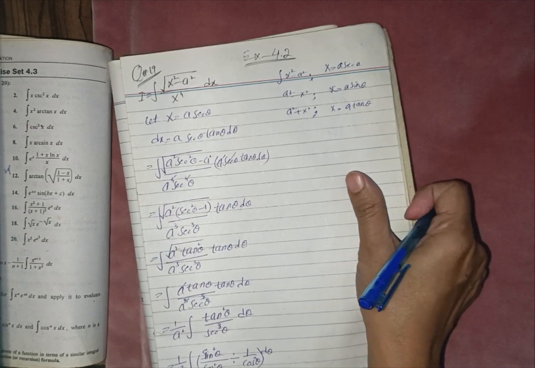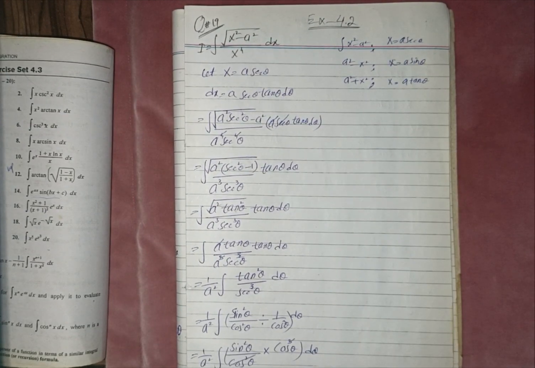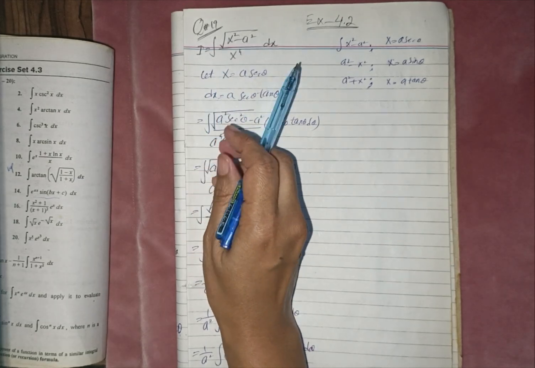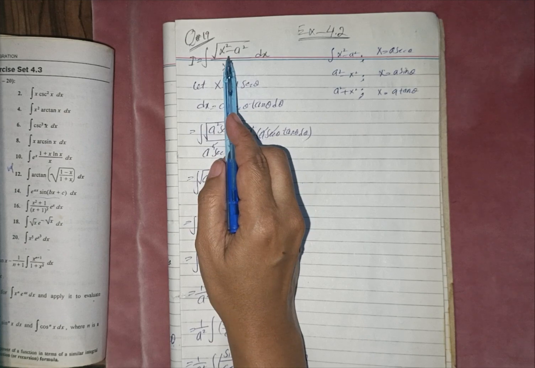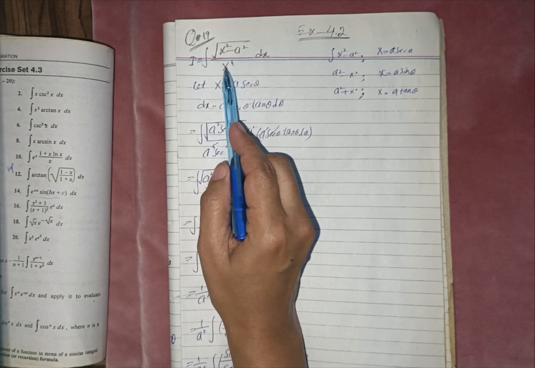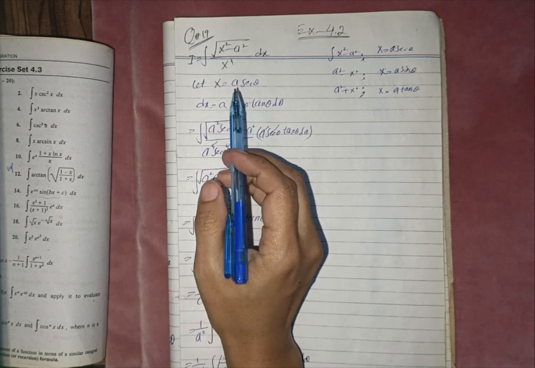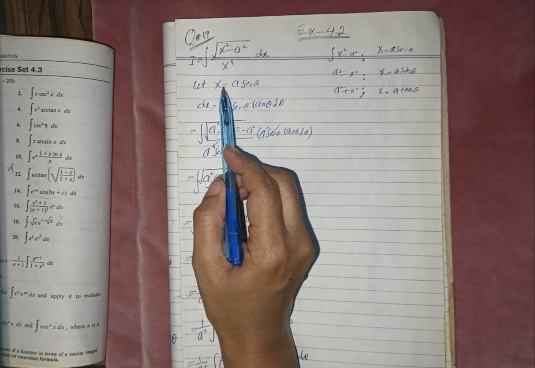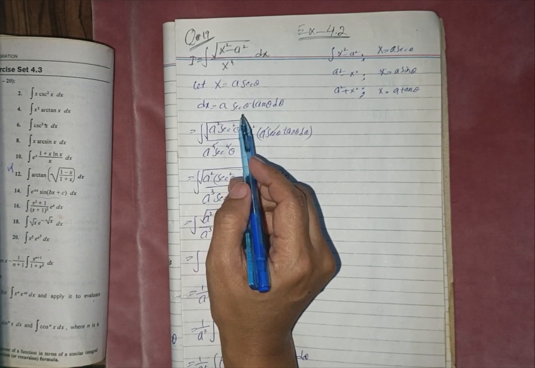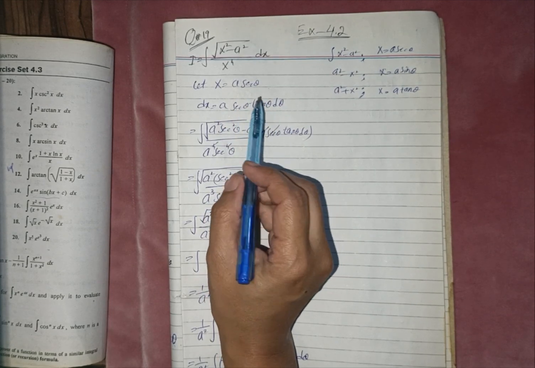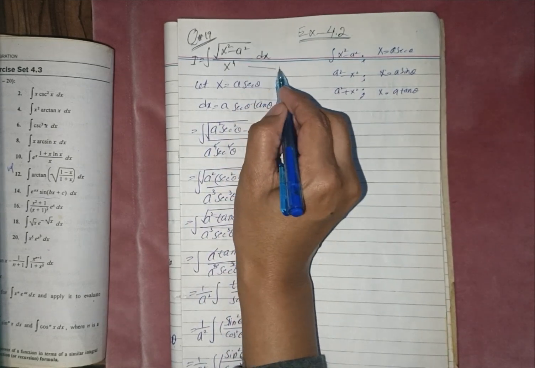Here is a question about the first type of substitution. The question is integral I is equal to square root of x square minus a square upon x raised to the power 4 dx. Here we substitute x is equal to a secant theta, so dx is equal to a secant theta tan theta d theta. Now substitute the value of x and dx in equation number 1.